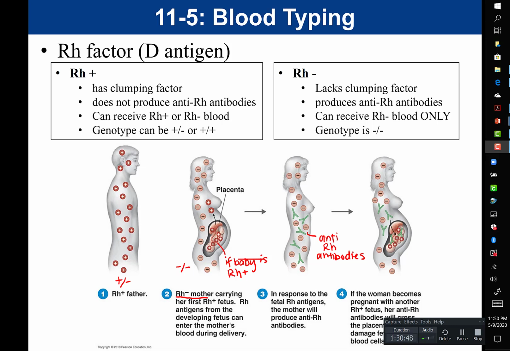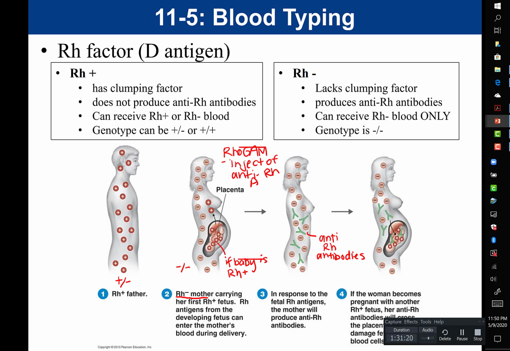The way that we prevent this from happening is that mom, during delivery, so let's say this is mom with her first Rh positive baby, she's going to get something called Rhogam. And Rhogam is an injection of anti-Rh antibodies.